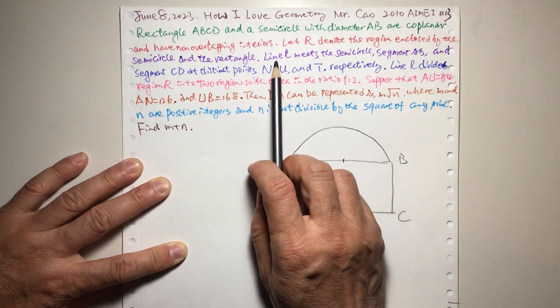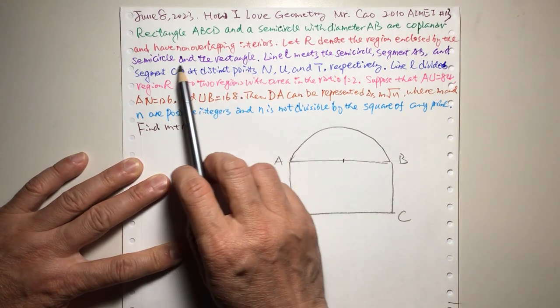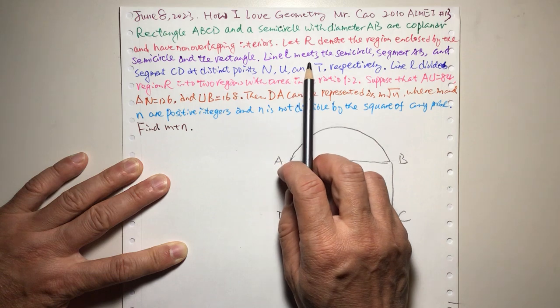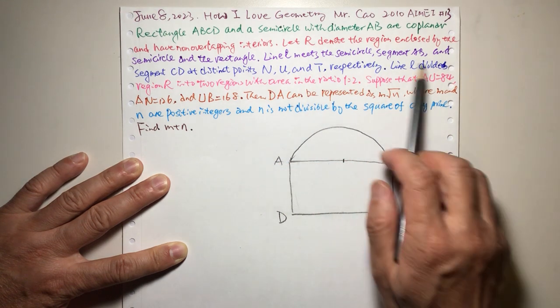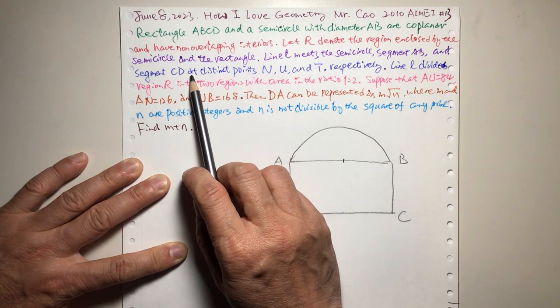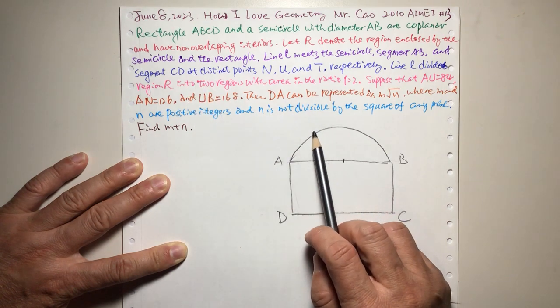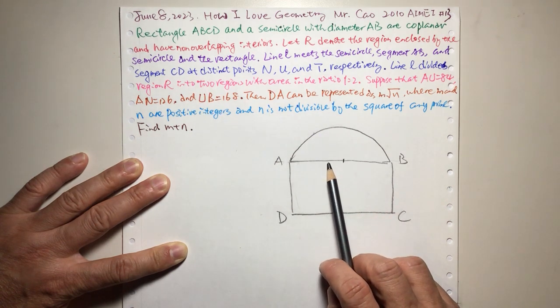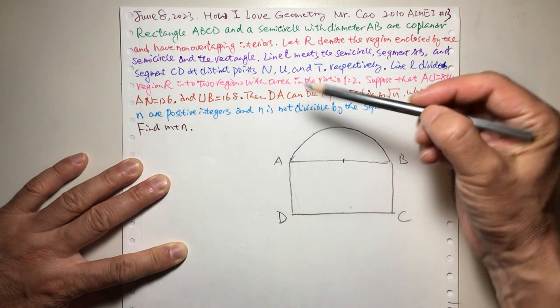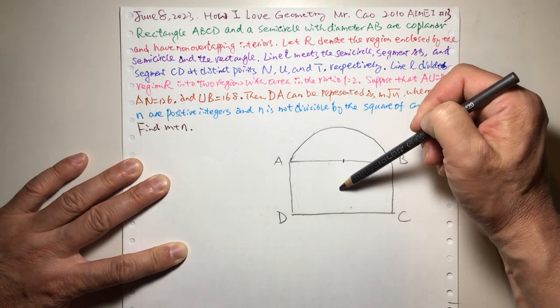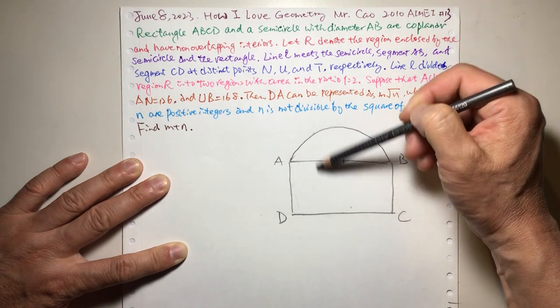And line L meets the semicircle, segment AB, and segment CD at distinct points N, U, and T respectively. Line L divides the region R into two regions. It means there is a line dividing this region, right?